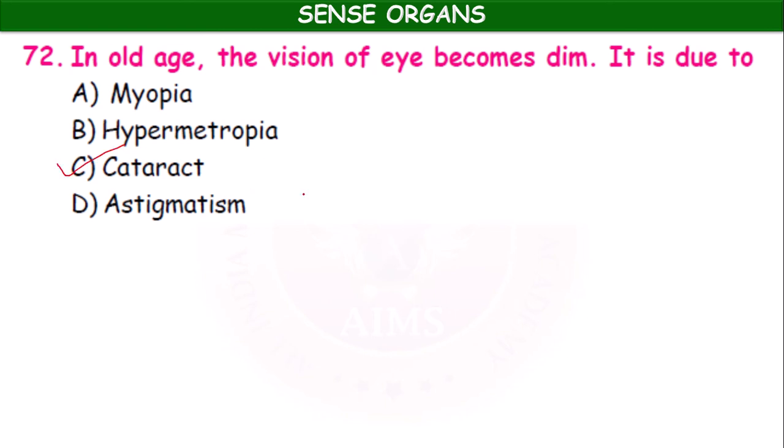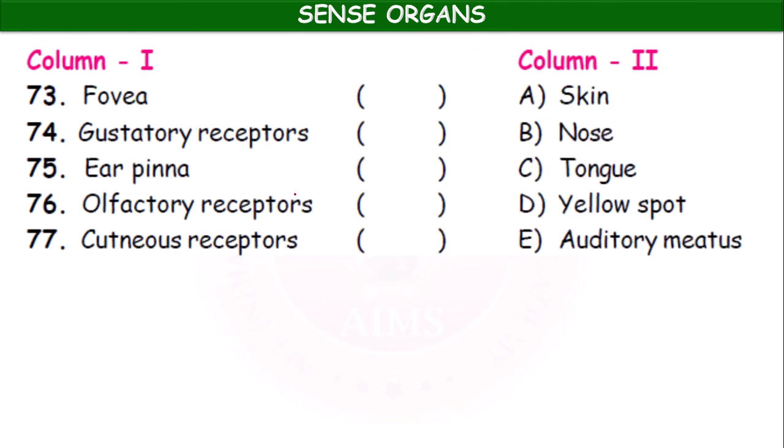A layer is formed over the retina, and blurred vision results. So now match the following type question. Here we have to match column 1 with column 2.